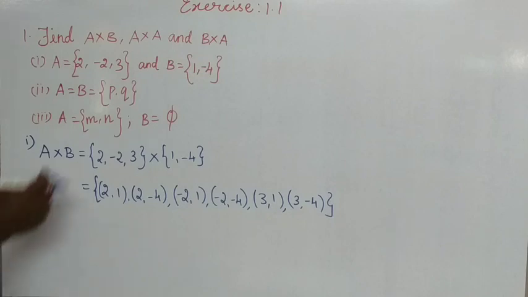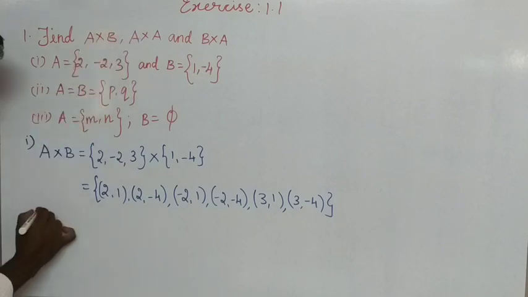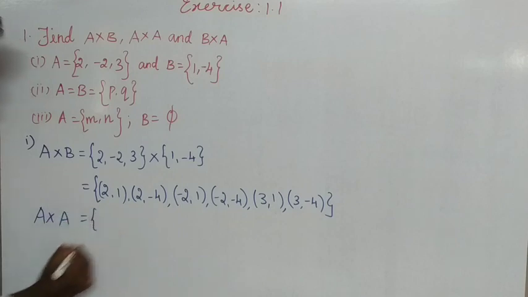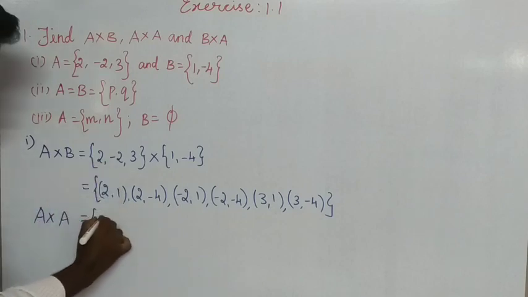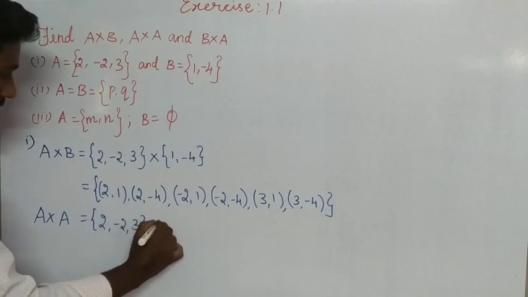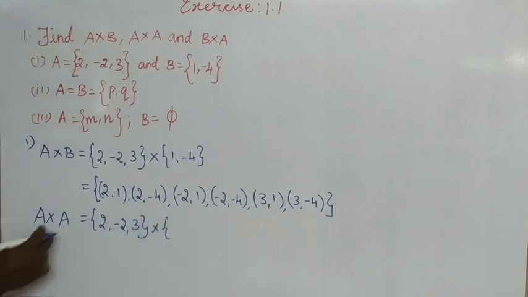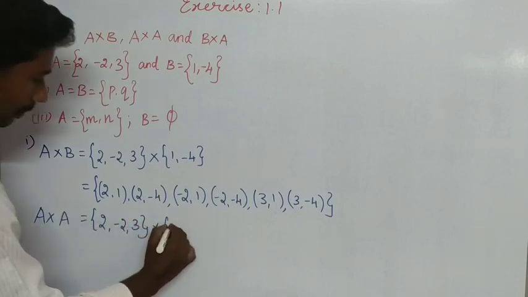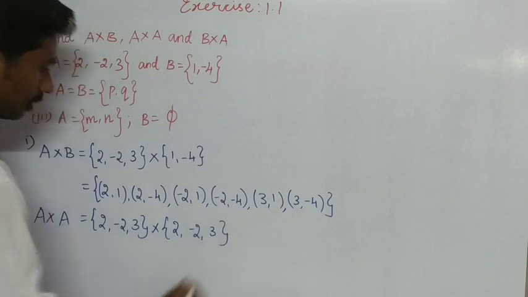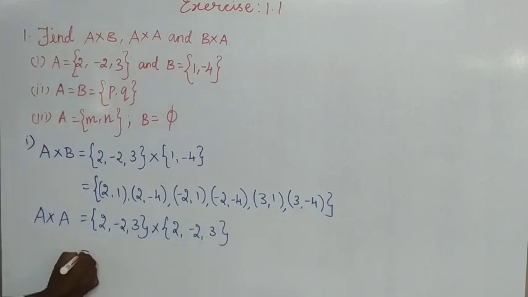Next, we have to find A cross A. So write A cross A is equal to the elements of A, 2 comma minus 2 comma 3 cross the elements of A again, 2 comma minus 2 comma 3. Here we have to make the Cartesian product with the same set.